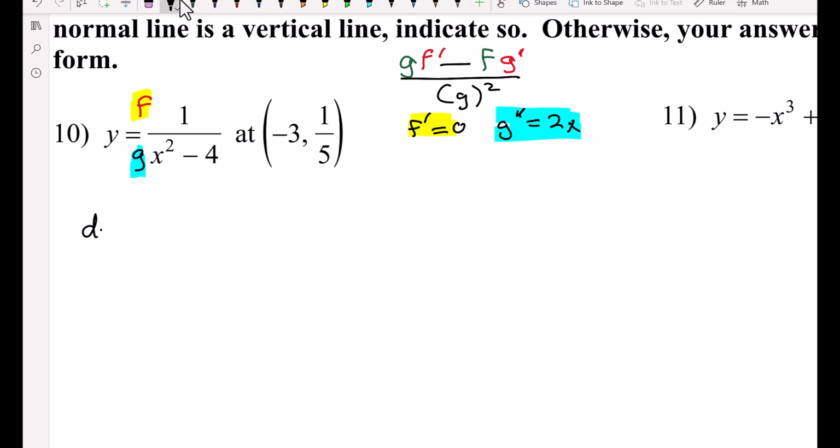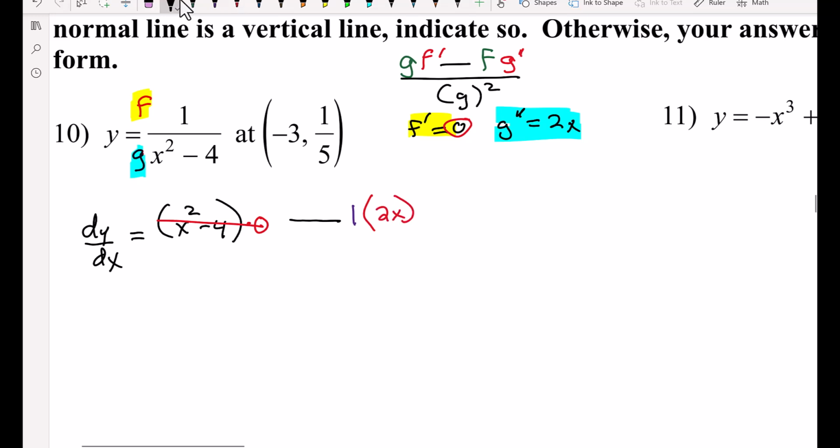So dy dx is g times the derivative of f. That will go away because 0 times that thing is 0. Subtract the f function, which is 1, times the derivative of g.